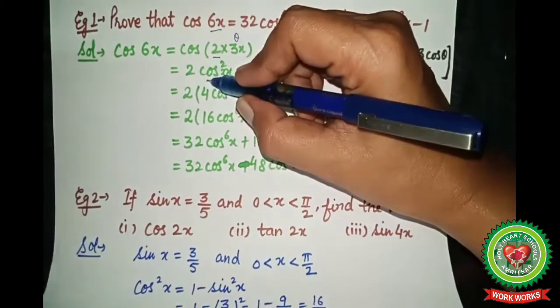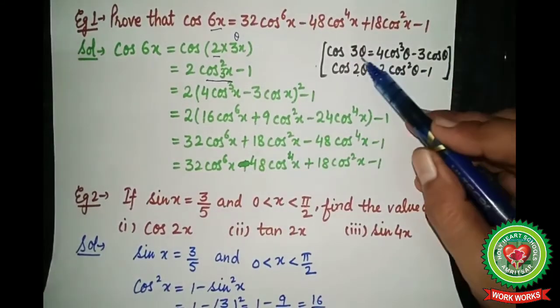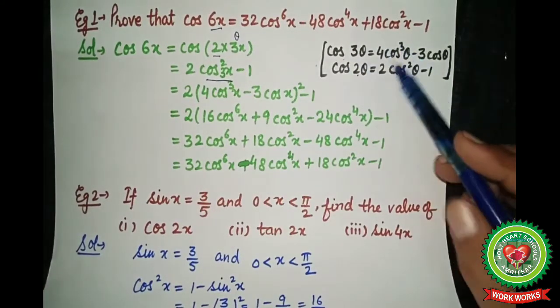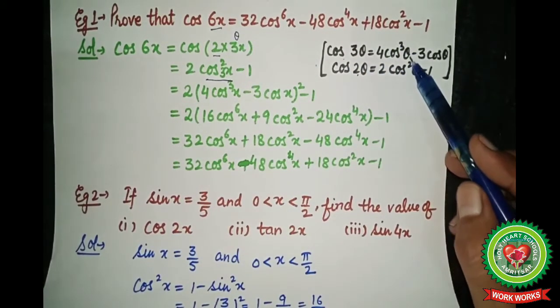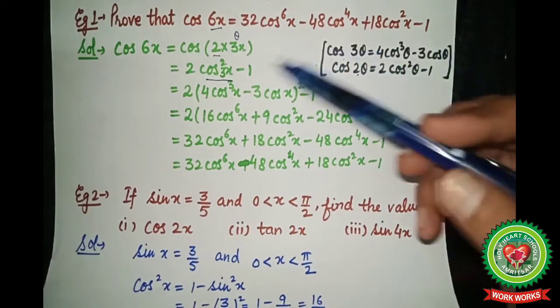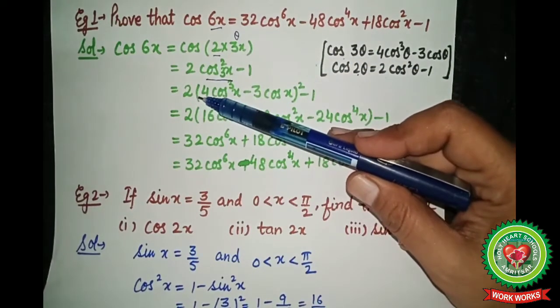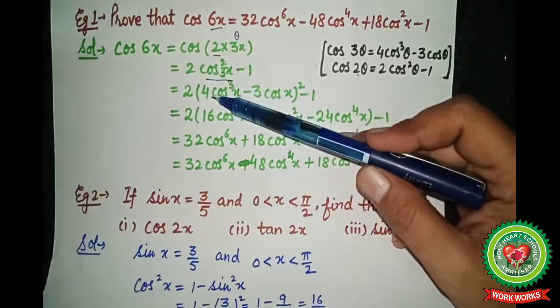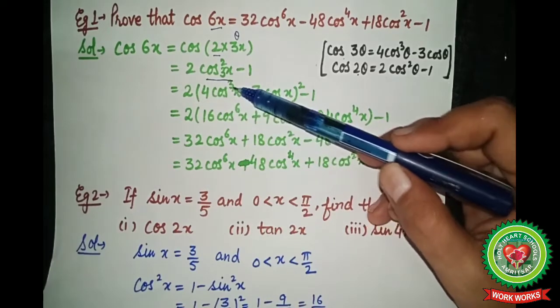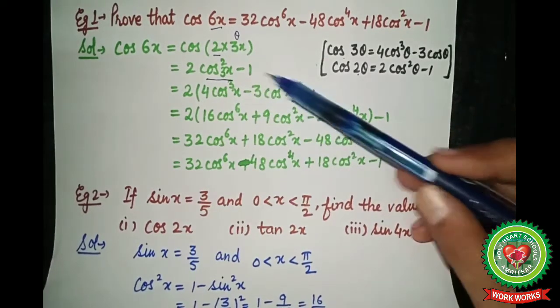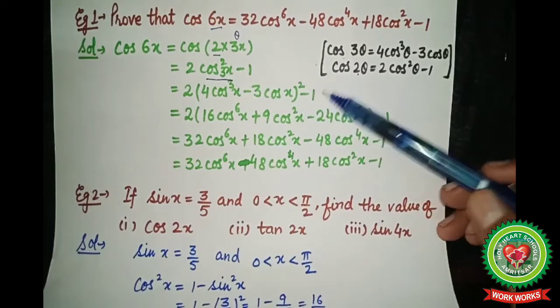Now cos 3x is there. So we will apply the formula of cos 3 theta is equal to 4 cos cube theta minus 3 cos theta. So it becomes 2 multiplied by, here formula will be applied, 4 cos cube x minus 3 cos x, whole square, minus 1.